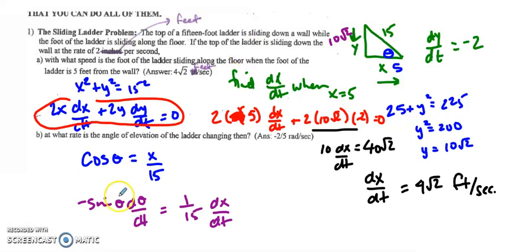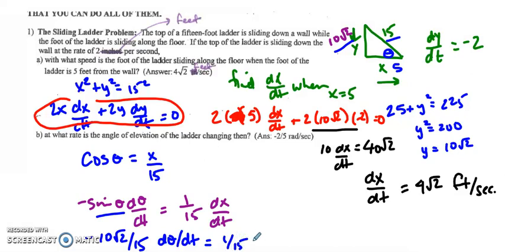So let's do that. I need sine of theta. Well, the y value is 10 rad 2 and the hypotenuse is 15. So I have -10 rad 2 over 15 times d theta/dt equals 1/15. And dx/dt, remember I got from above, was 4 times the square root of 2.